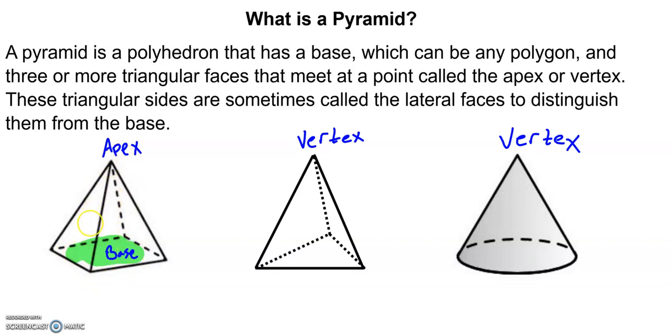The four sides, one for every side of the base, are all triangles, and they meet at the vertex. So this would appear to be a rectangular pyramid, and it's rectangular because the base is a rectangle.